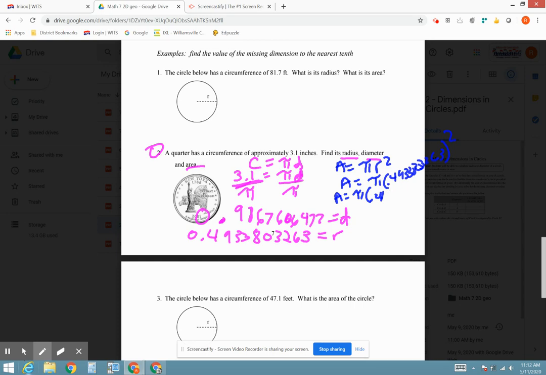Hold on, I'm going to redo this because my calculator is not making mathematical sense. I'm going to type it all in. 0.4933803236 times 0.4933803236.